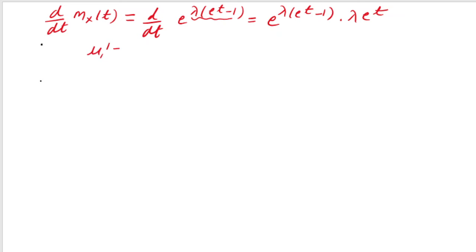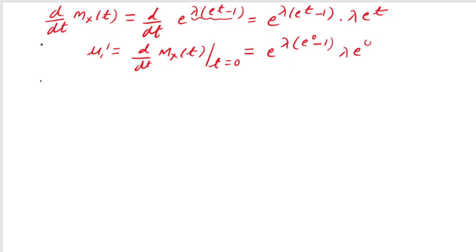Now how do you get mu1 dash? You get mu1 dash by putting t equal to 0 in d by dt of M_x(t). So if you put t equal to 0 here, you will get e to the power lambda into (e to the power 0 minus 1) into lambda e to the power 0.